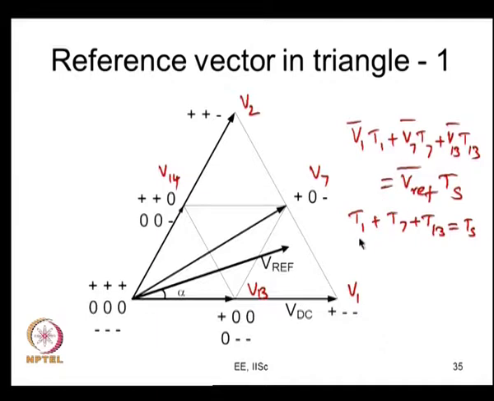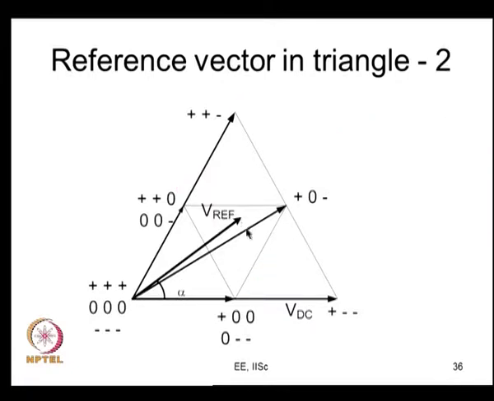Now, you have to calculate this T1, T7 and T13 by solving this. You will get some set of formulae in terms of V reference and alpha if you really sit and do this. Now, let us say the reference vector was not here, but here. Now, you will have to use these 3 vectors. Let us say this is V1, V7, this is V2, this is V13, this is V14.